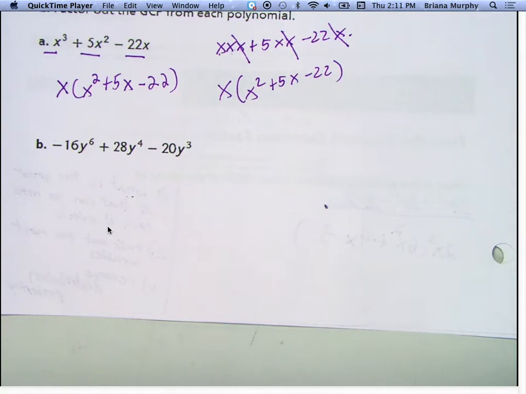Give everybody a second to try it. Yeah, x with y, because they're all y's, right?